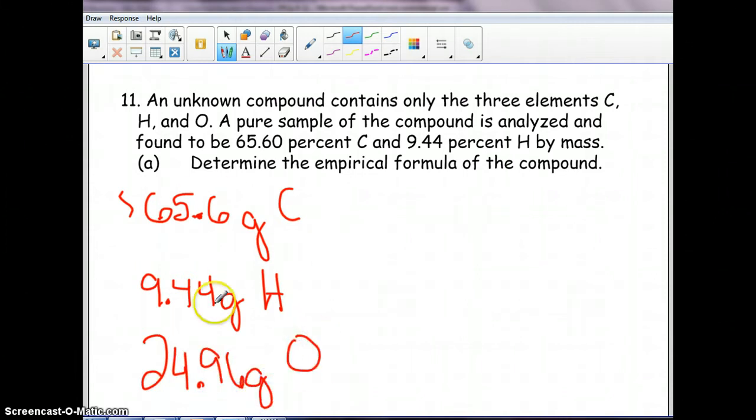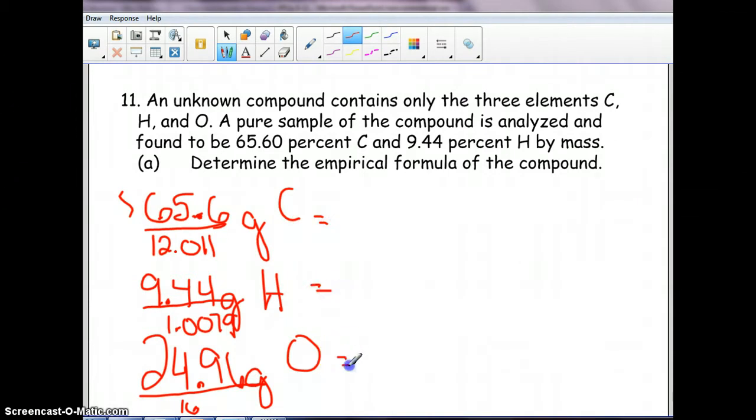Okay, now we're going to convert all these to moles. That just basically means we're going to be dividing by the molar mass here. So we're going to go ahead and divide by the molar mass of carbon, molar mass of hydrogen, which is 1.0079, and the molar mass of oxygen. All right, and then we're just going to plug all those in the calculator, get the values. So 65.6 divided by 12.011 is 5.46.